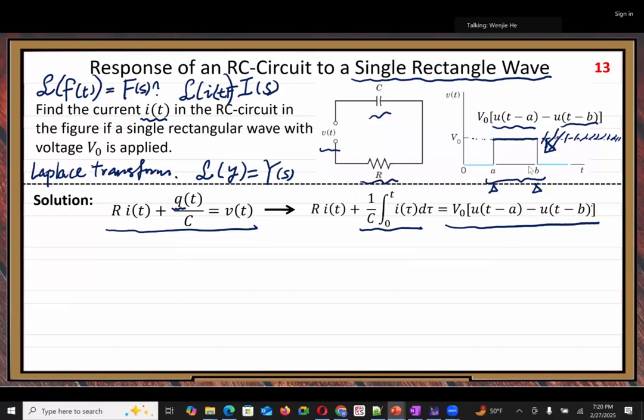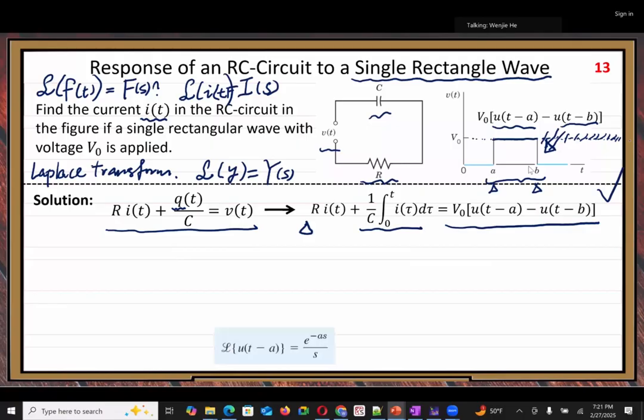So now we need to work on this formula. When we apply the Laplace transform, we should apply it to this second equation. So let's do it term by term.